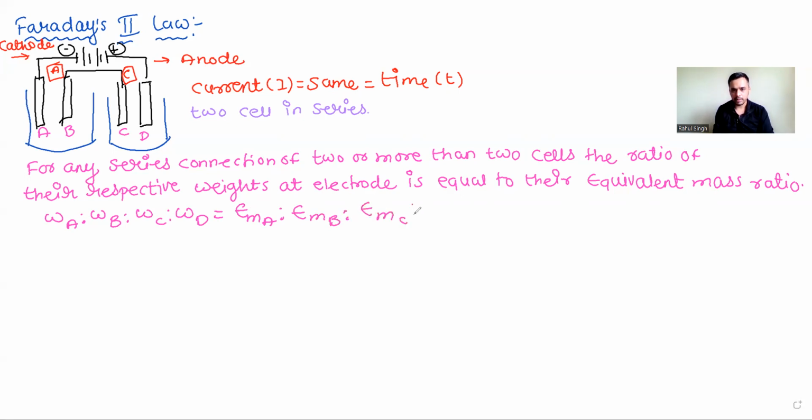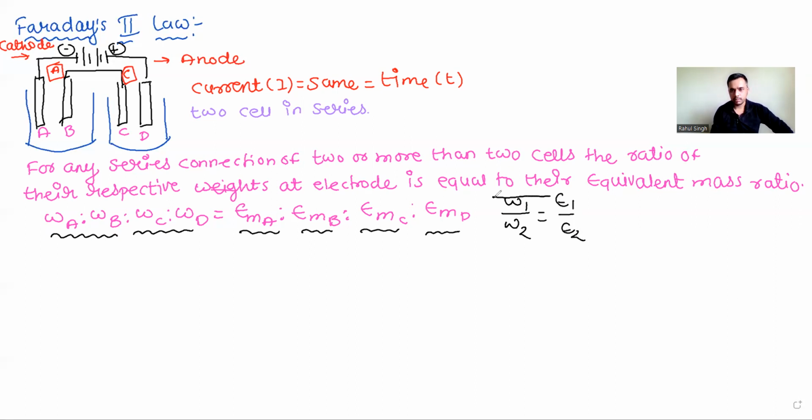We are going to prove this. The proof is not important, but for our understanding, how this has arisen is very much important. So this is Faraday's second law. We can also write this in terms of W1 upon W2 equal to E1 upon E2. This is also possible for this terminology.